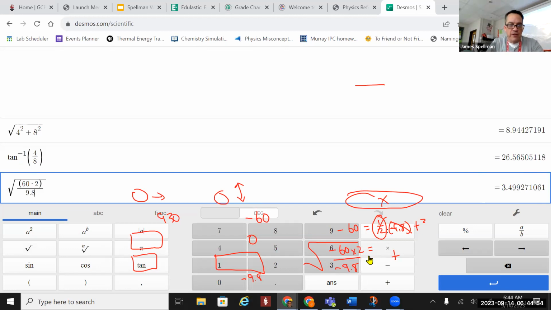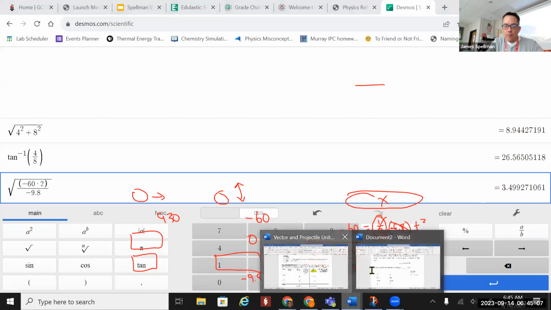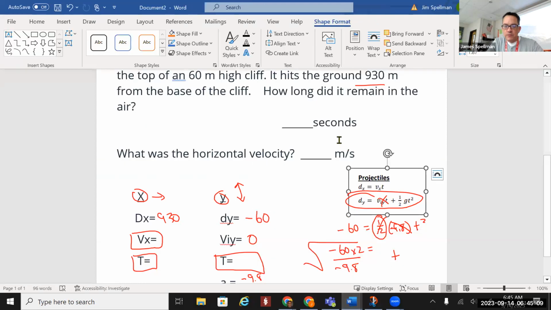Notice, for the sake of the math, I made both the 60 and the 9.8 positive. If you kept the negative, we would have the same answer. I'll go ahead and make them negative, be consistent. And I get an answer of about 3.5. So let's go back here. That answers my question number 1. It gives me a 3.5.